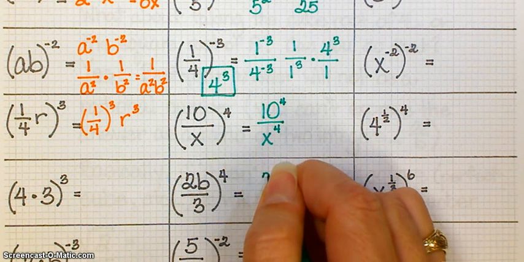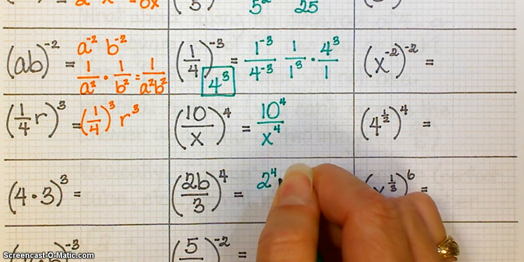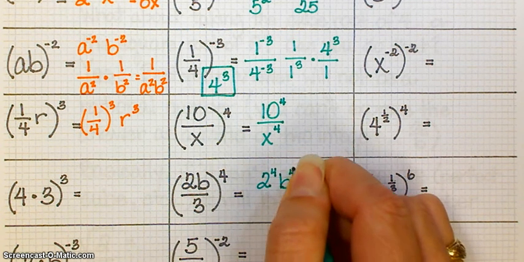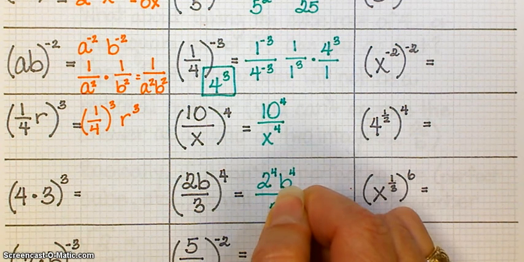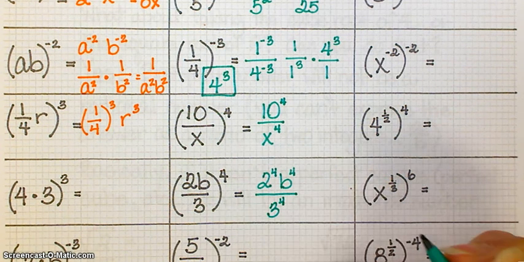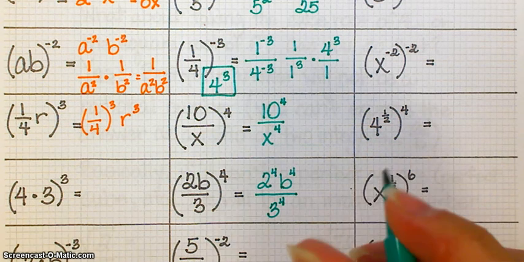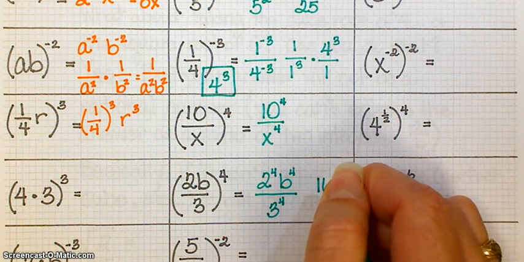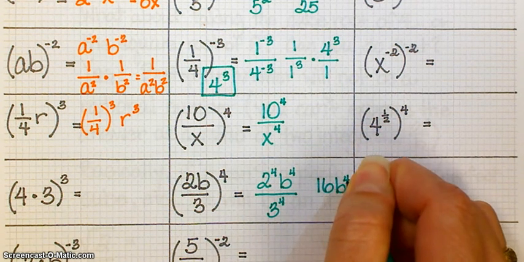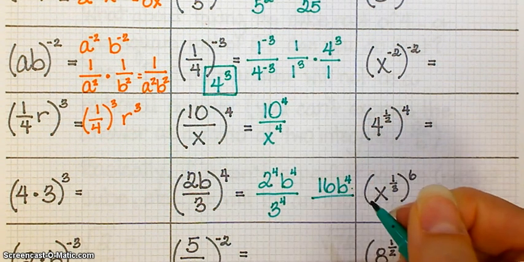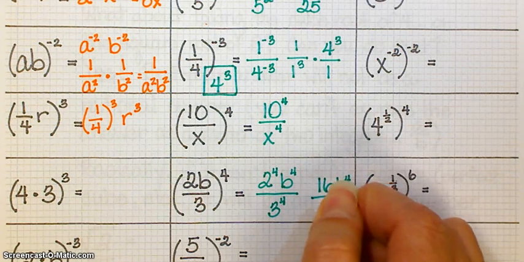So this really is going to be 2 to the 4th times b to the 4th on top and 3 to the 4th on bottom. 2 to the 4th is 16. So that's 16b to the 4th. 3 to the 4th power is 81.